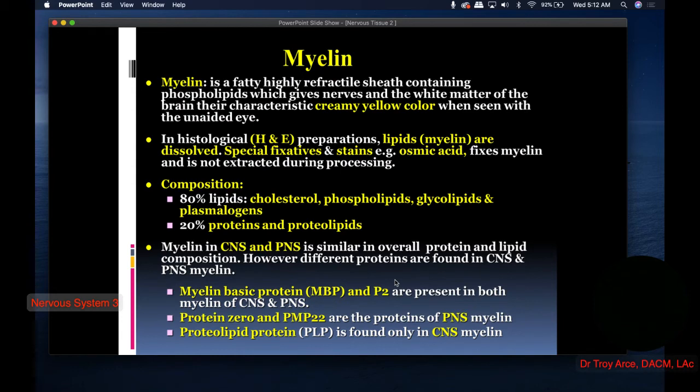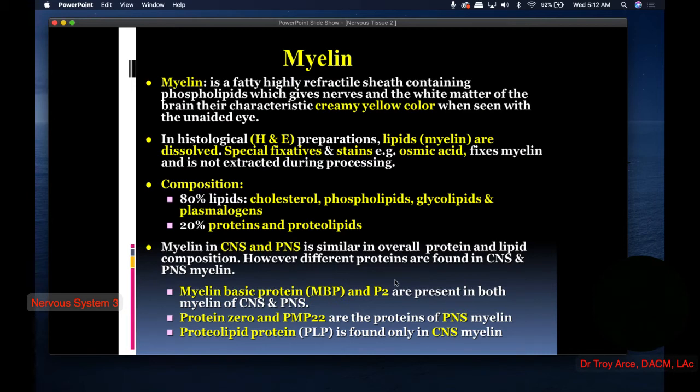Myelin in the central nervous system and peripheral nervous system is similar in overall protein and lipid composition. However, different proteins are found in the central nervous system and the peripheral nervous system myelin. The myelin basic protein and P2 are present in both the central nervous system and the peripheral nervous system myelin. And protein 0 and PMP22 are the proteins of the PNS myelin.